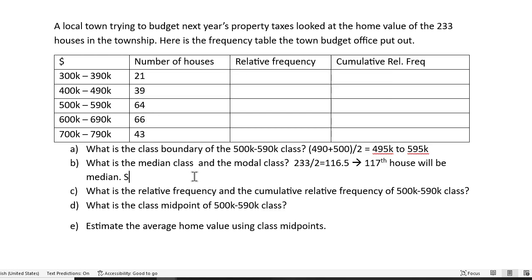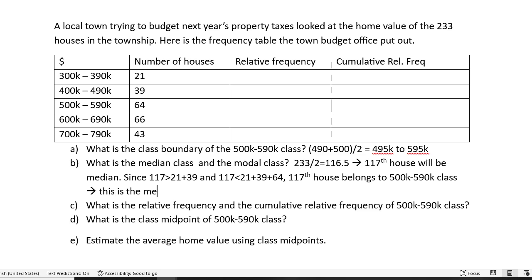So we can say, since 117 is bigger than 21 plus 39, which is 60, and 117 is less than 21 plus 39 plus 64, which is 124, the 117th house belongs to the 500K to 590K class. Okay, so this is the median class.